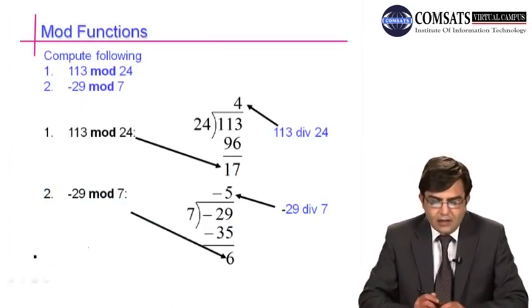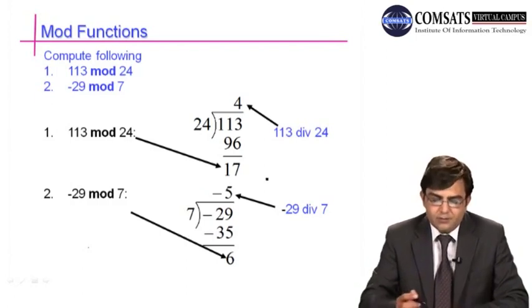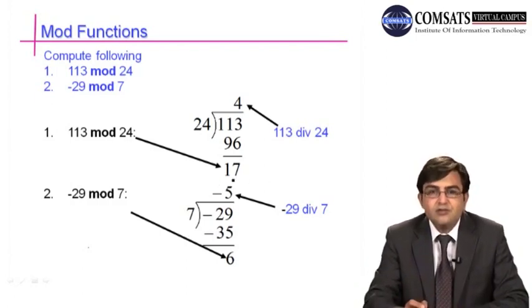Mod function. 113 mod 24. What does it mean? If we divide 113 by 24, here you can see the usual division is given. 24 fours are 96 and we are left with 17. So what is 17 here? 17 is the remainder.